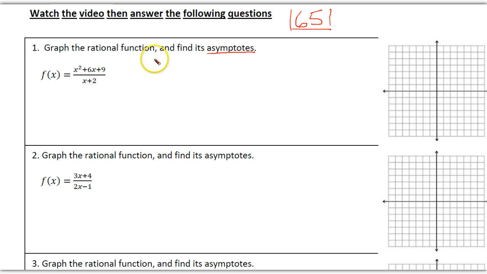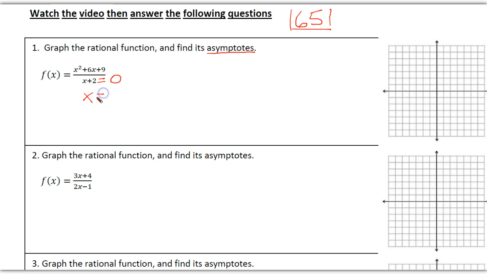Well, we'll start with the asymptote first. When we have an example like this where there's a variable in the denominator, we determine the asymptote by equating the denominator to 0 and then solving it.